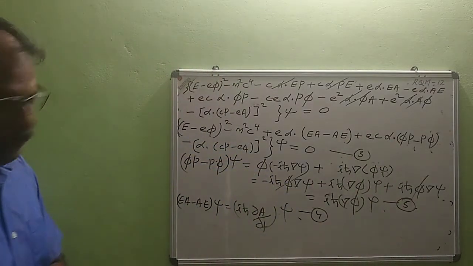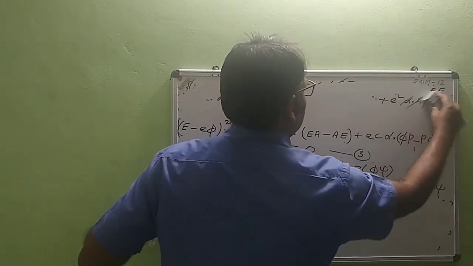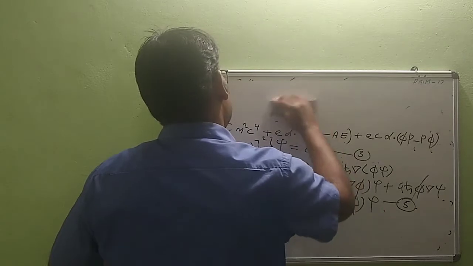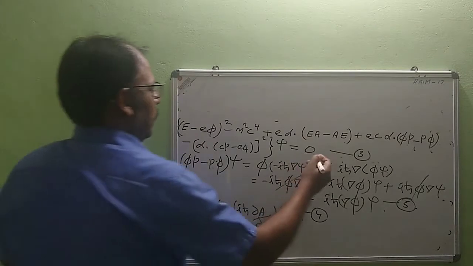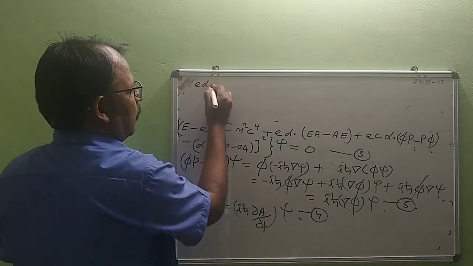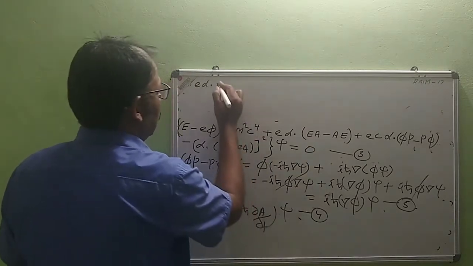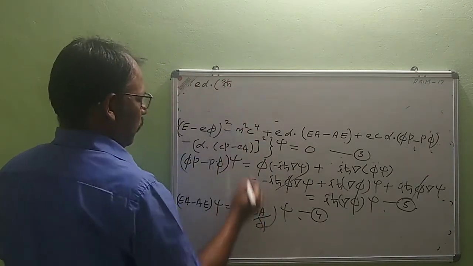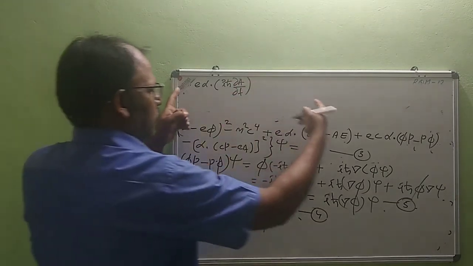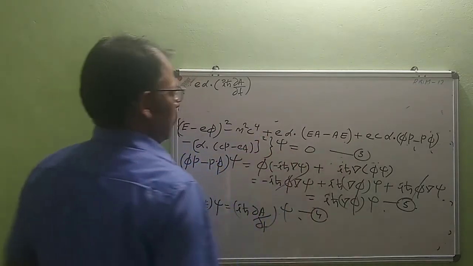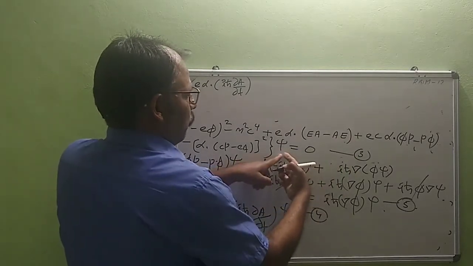Now take the third and fourth term of equation 3. This is E alpha dot (EA minus AE). What is EA minus AE? EA minus AE is IH bar dou A by dou T operating on psi. So E alpha dot IH bar dou A by dou T operating on wave function psi.